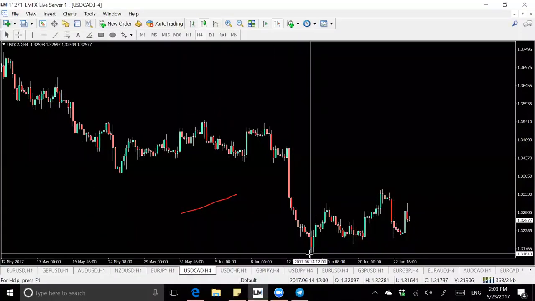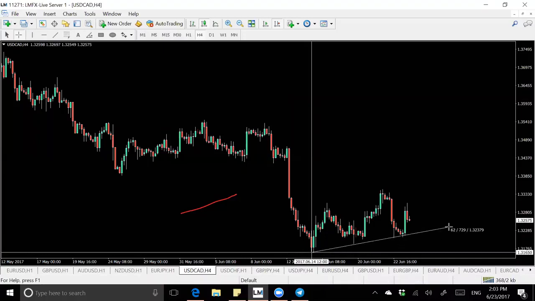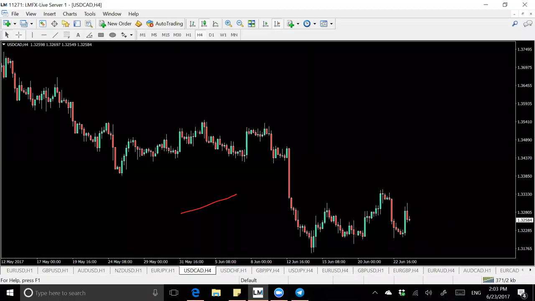This at the bottom here. Would you guys say this is a trend line? Yeah, right there. Anybody else? Is that a trend line or not?